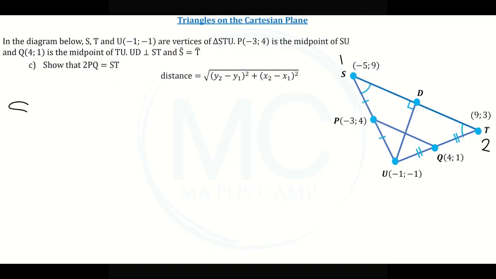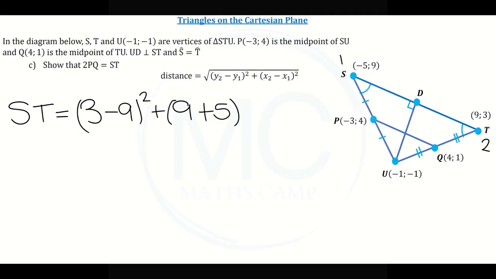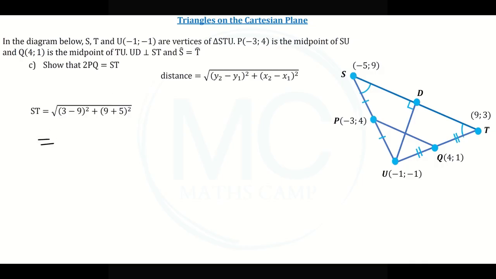So we can say the distance of ST is equal to the square root of (3 minus 9) in a bracket squared plus (9 minus negative 5, which becomes 9 plus 5) in a bracket squared. 3 minus 9 gives us negative 6. Put this into a bracket, square, plus 9 plus 5 is 14.